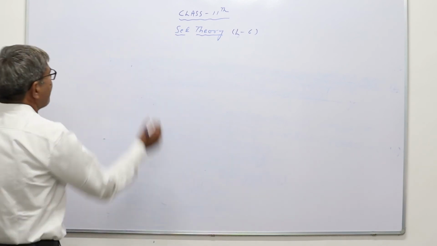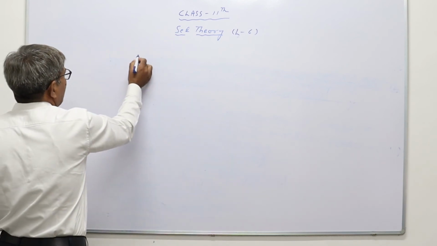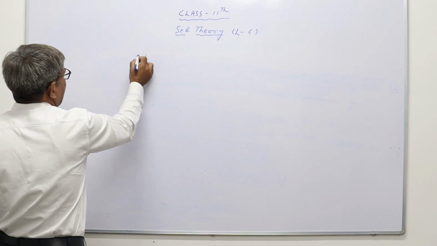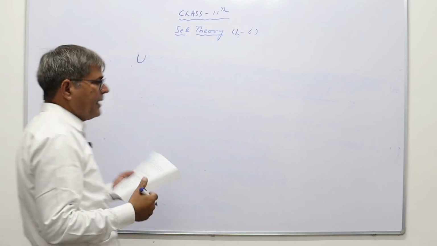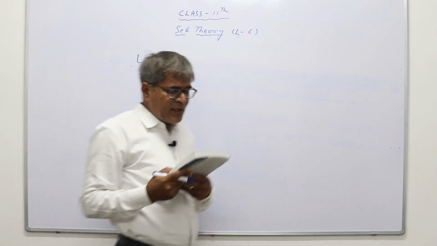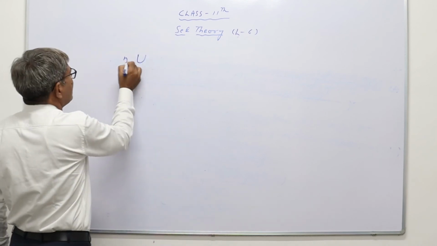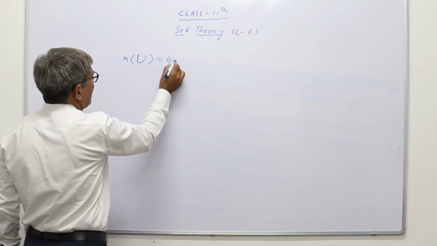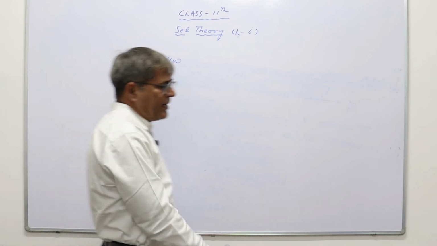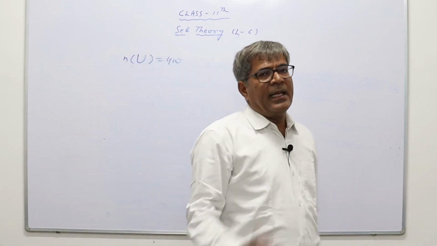So let U represent the number of students surveyed in that school. So n(U) is given as 400, because that is how many students were surveyed in the school.